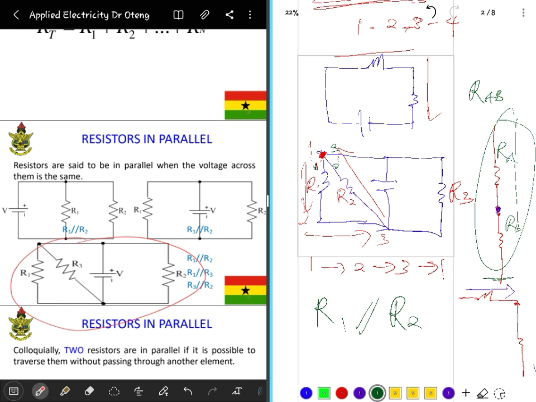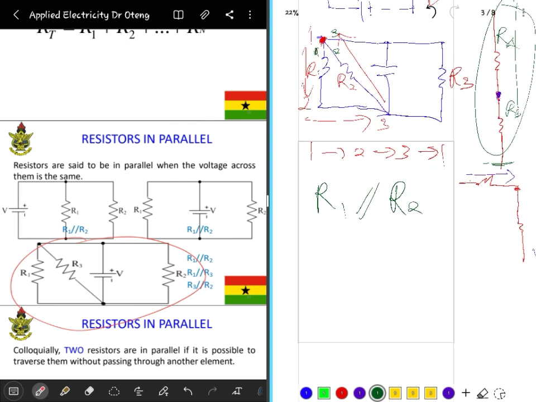So when we redraw this whole circuit, we end up getting a circuit something like this. You have a battery, or a cell, here, you have these two, and then you have this one. Because R1 and R2 are parallel, we write R1, R2, and we know this is R3.